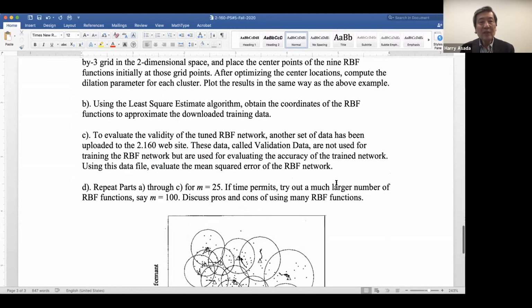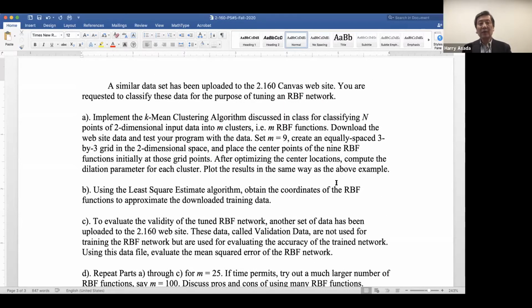So the question is that we provided the new data set, and you implement the k-means clustering algorithm discussed today, classifying the n points of 2-dimensional input data into m clusters.